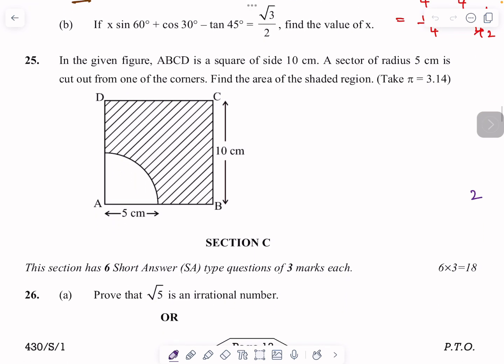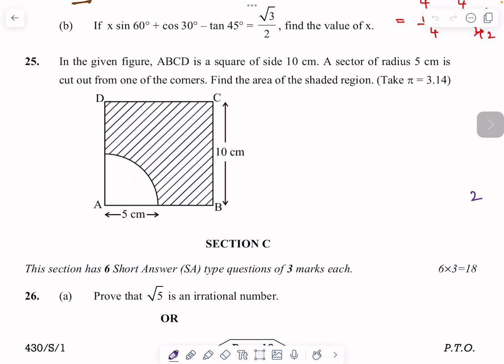In the given figure, ABCD is a square of side 10 centimeter. Okay, so the side of the square given here is 10 centimeter. A sector of radius 5 centimeter is cut out from one of the corners. Find the area of the shaded region. Okay, then the area of the shaded region means, this total box is a square, right?